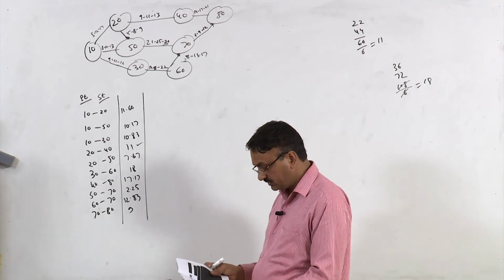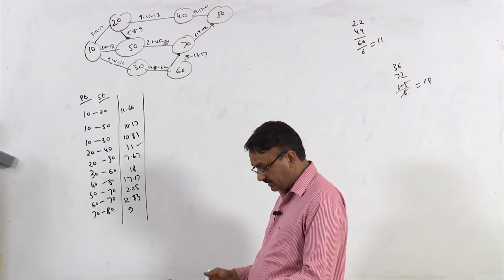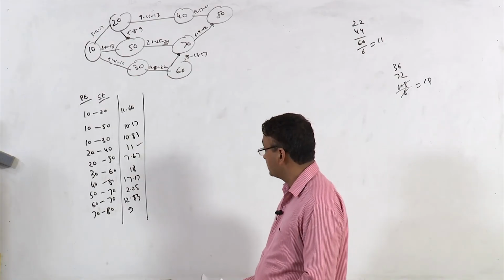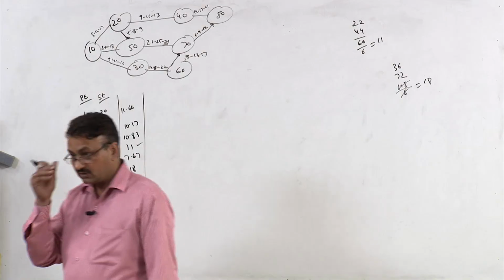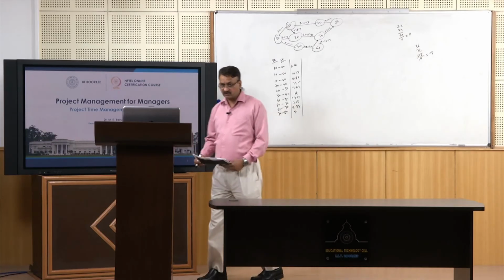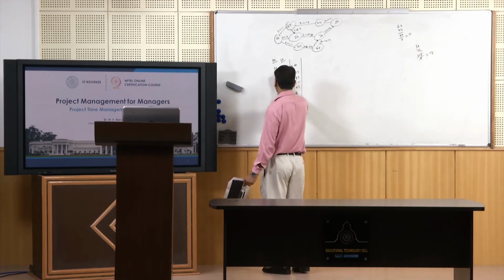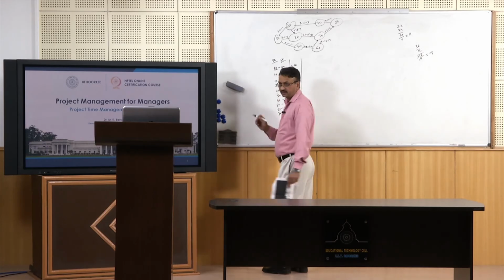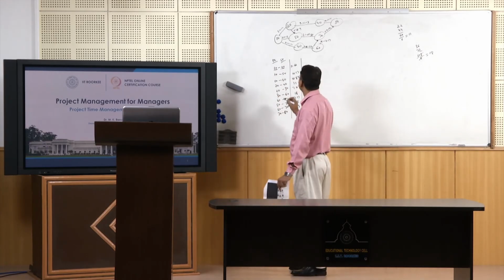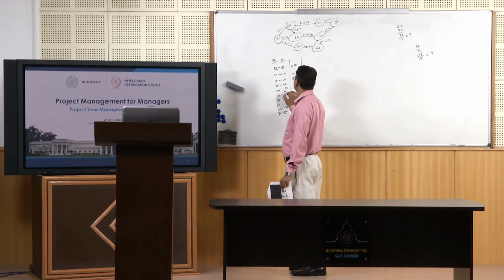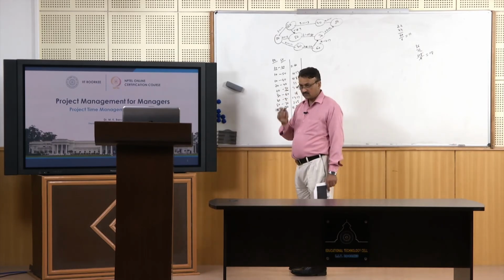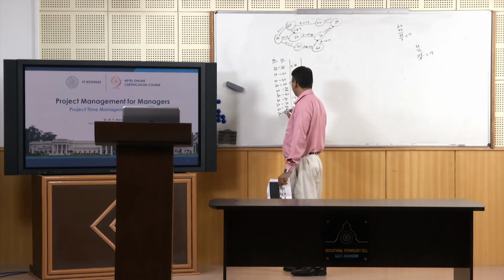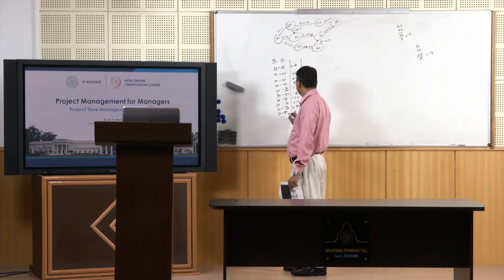So as far as this particular question is concerned, let us see what the critical path is. It is 10 to 20, then 20 to 50, right, and then 50 to 70, and finally 70 to 80, right.